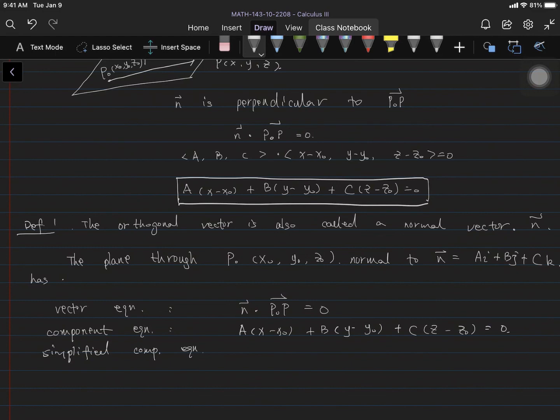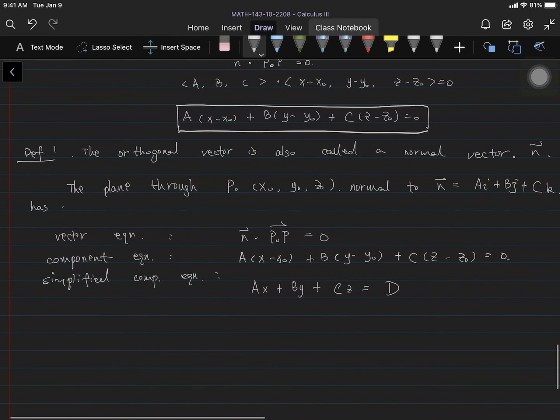That means we expand every term, leave ax plus by plus cz on the left side, move everything else to the right side, and combine all the constants together, which is d. So this is called the simplified component equation, or general equation.